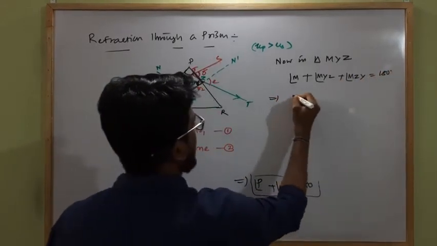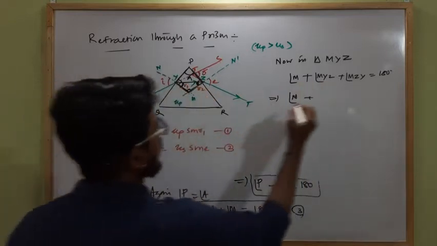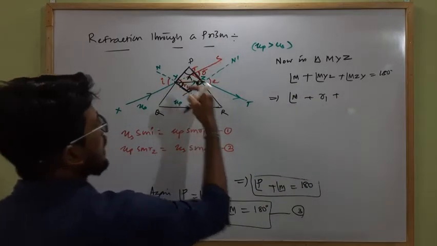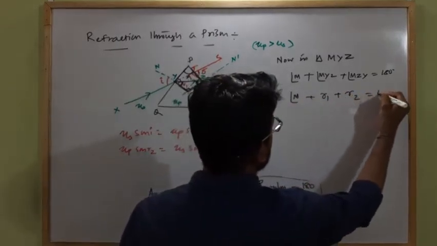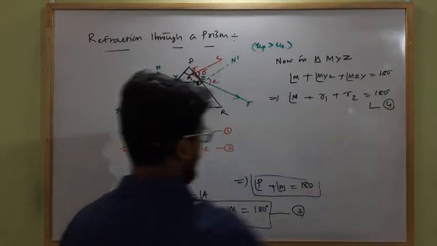So this implies you can write angle M plus MYZ angle, which is R1, plus MZY angle, which is R2, equal to 180. Clear? Let it be equation 4.